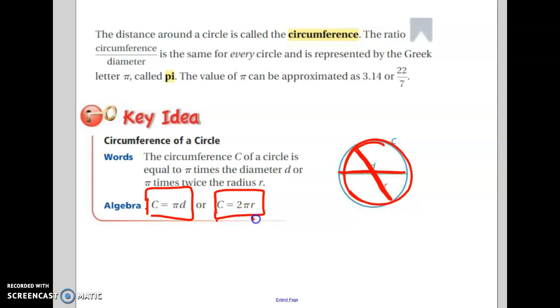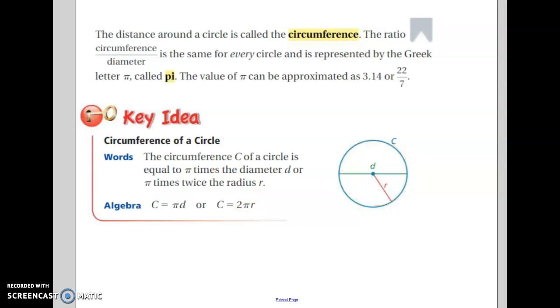And this is just saying radius times 2, which is the same as diameter, and then multiply by pi. So these are going to be important formulas for you for the next example and throughout your activity or assignment today.